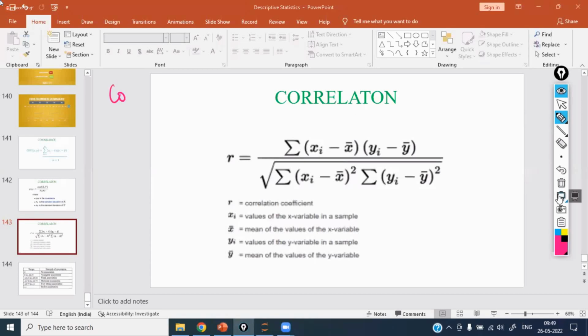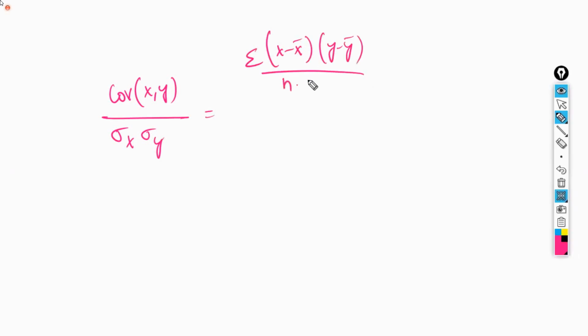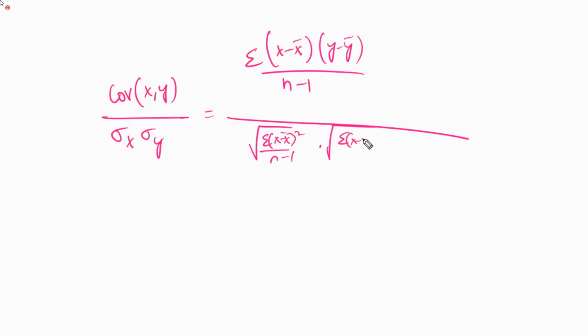If you want the derivation, I am writing it here. Correlation is covariance of x comma y divided by sigma x into sigma y. Covariance is given by sigma of (x minus x bar) into (y minus y bar) divided by n minus 1, whole divided by the square root of (x minus x bar) whole square divided by n minus 1, into the square root of (y minus y bar) whole square divided by n minus 1.